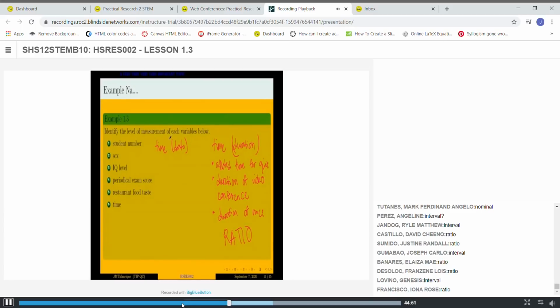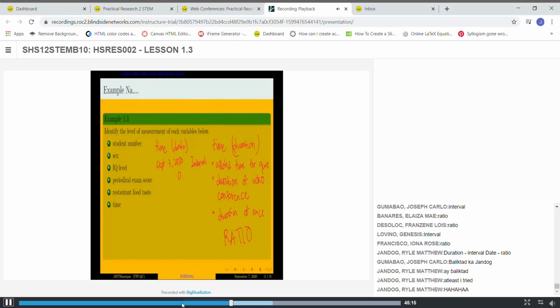Pero kapag yung time nyo is date, halimbawa, September 7, 2020, this is interval. Bakit? Ano ba ibig sabihin ng 0 year? Ang ibig sabihin ng 0 year is the start of new millennia.